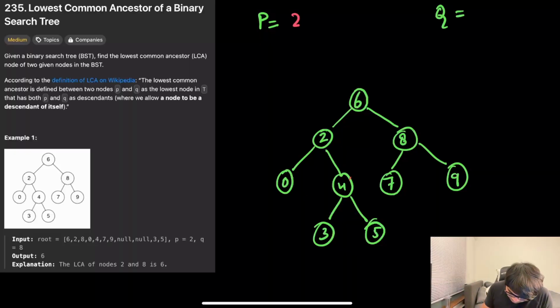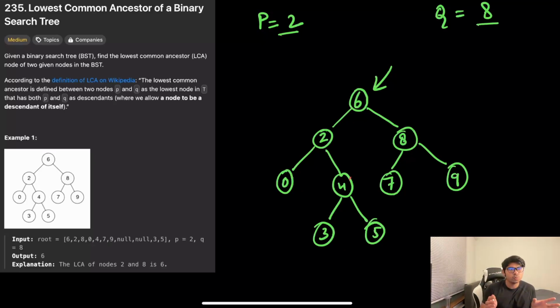Right now, let me change the color here, it's not suiting right. So in our first example, when I started processing my binary search tree, I see my root value is 6, which is between 2 and 8. That means I am the node where I am dividing those two values.